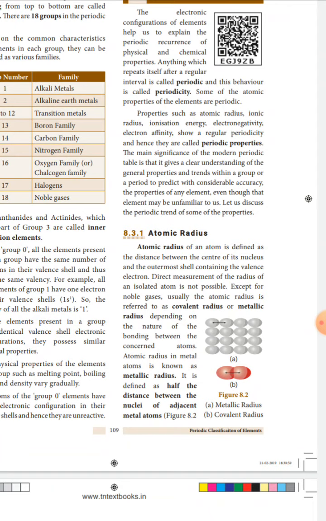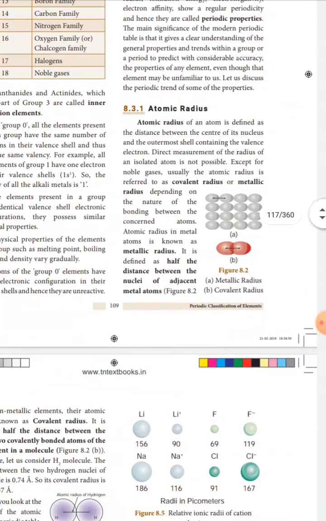So the main significance of the modern periodic table is that it gives a clear understanding of the general properties and trends within a group or a period, to predict with considerable accuracy the properties of any element, even though that element may be unfamiliar.